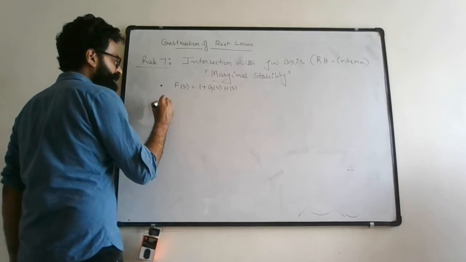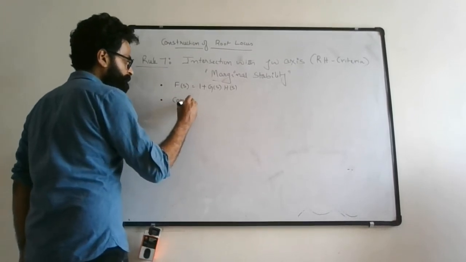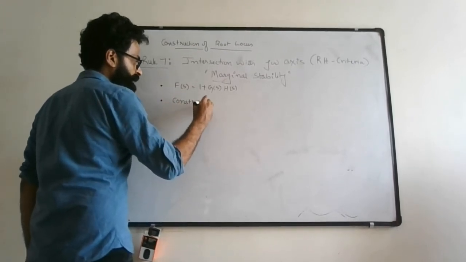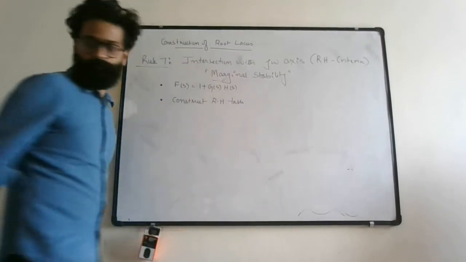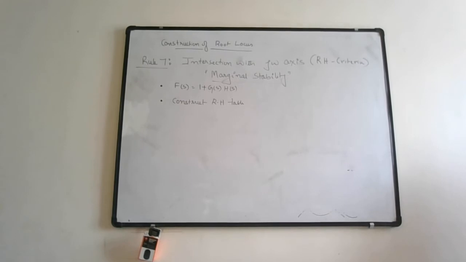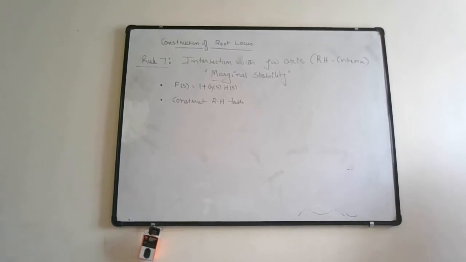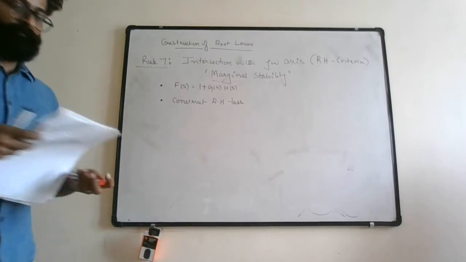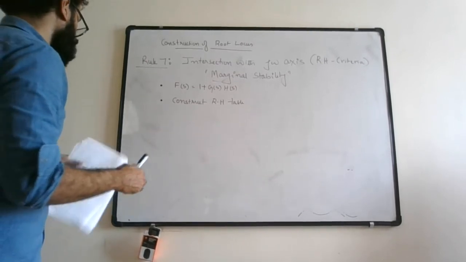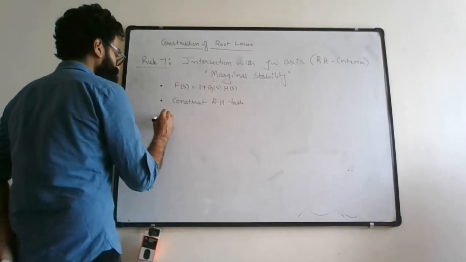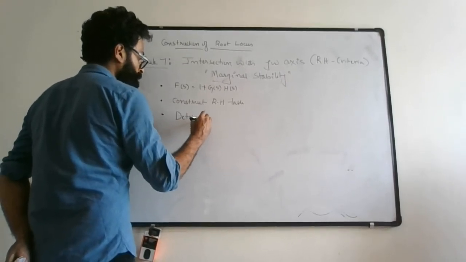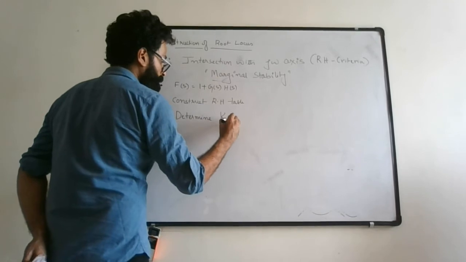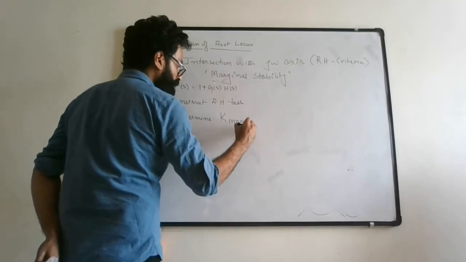Once you have it, you need to construct the RH table, and from the RH table, determine K margin, or K mar.